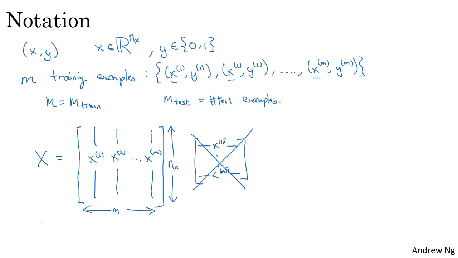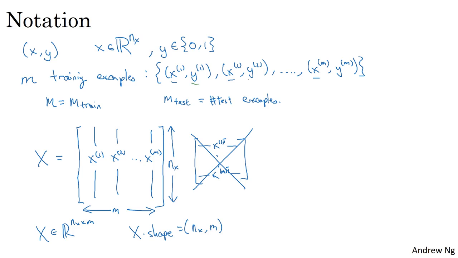So just to recap, X is an nx by m dimensional matrix, and when you implement this in Python, you see that X.shape, that's the Python command for finding the shape of a matrix, is (nx, m). This just means it's an nx by m dimensional matrix. So that's how you group the training examples input x into a matrix.